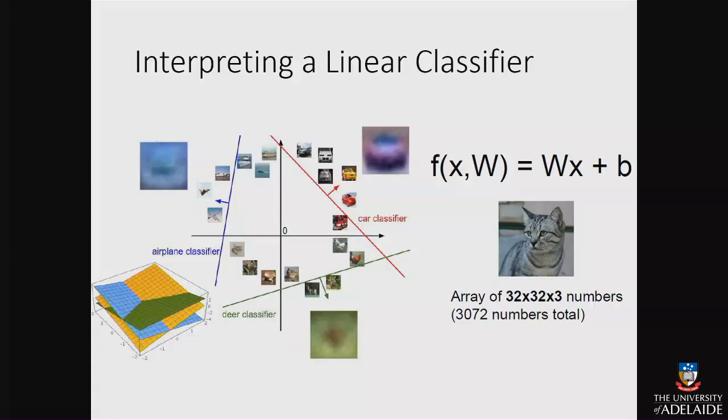And here, this 3D figure shows that it's high dimensional, right? Of course, it's not only 2-dimensional, it might be higher dimensional. In 3 dimensions, it's like a plane, so the W is like a plane, right? That's how we can interpret a linear classifier.